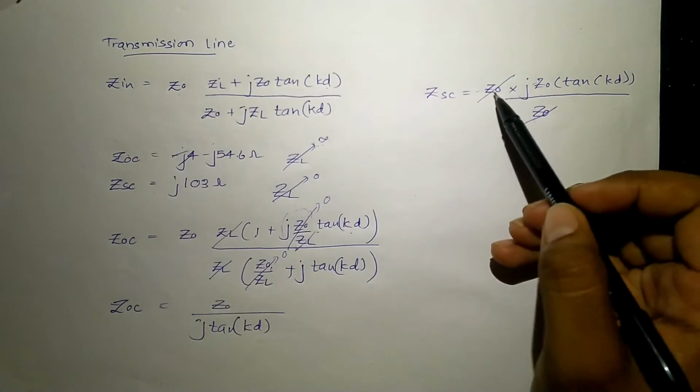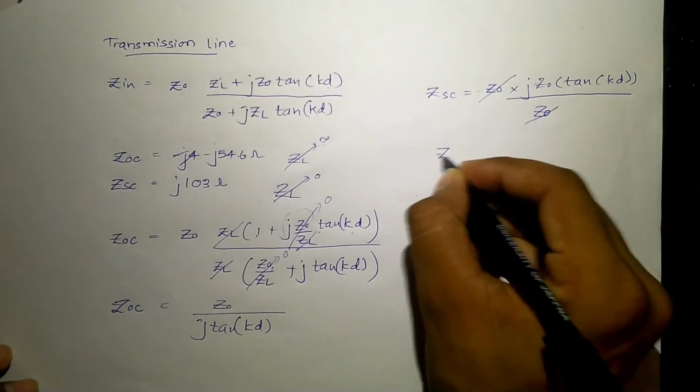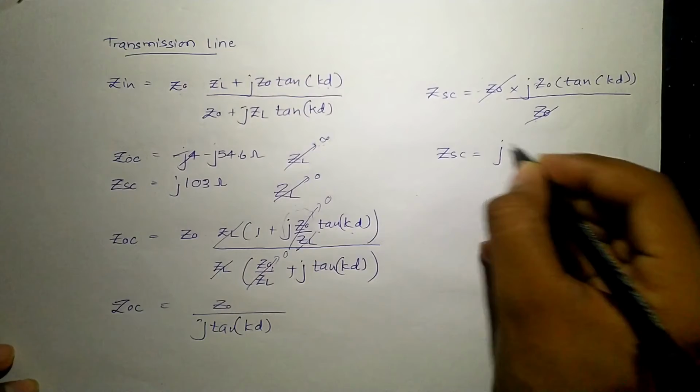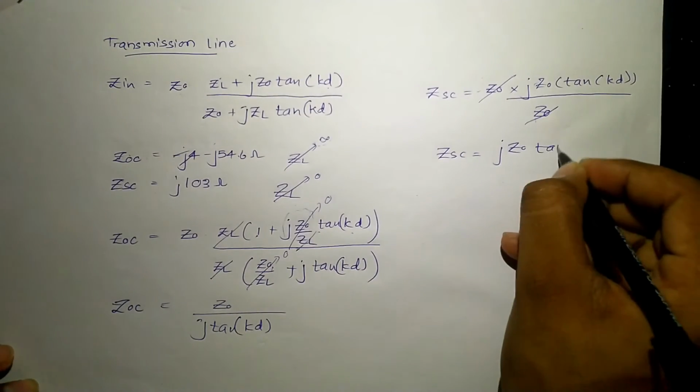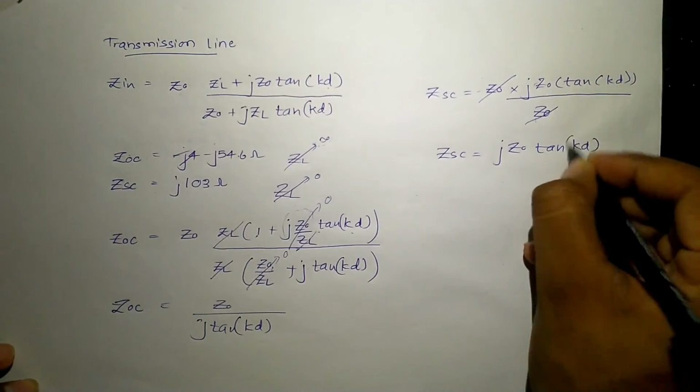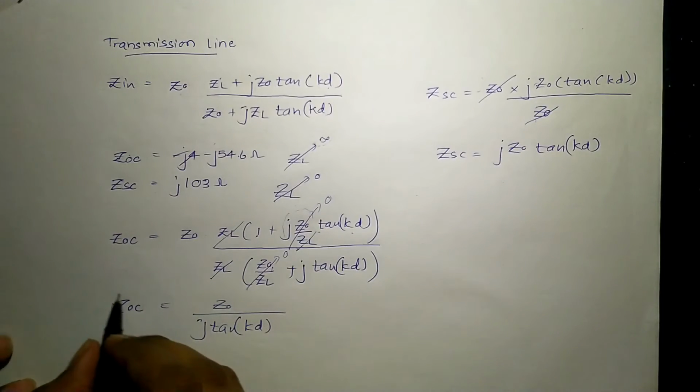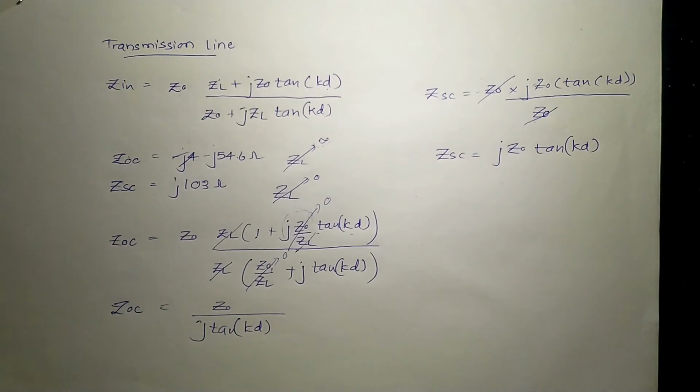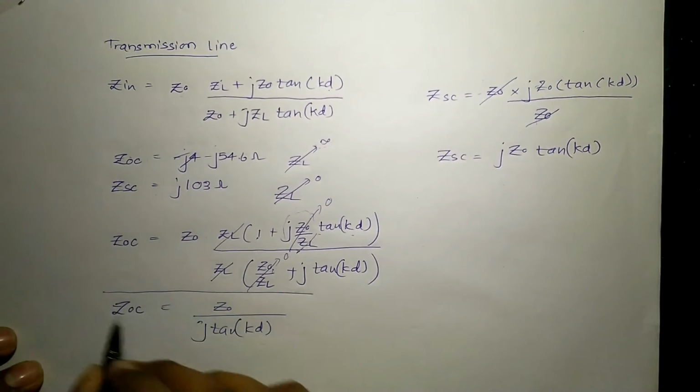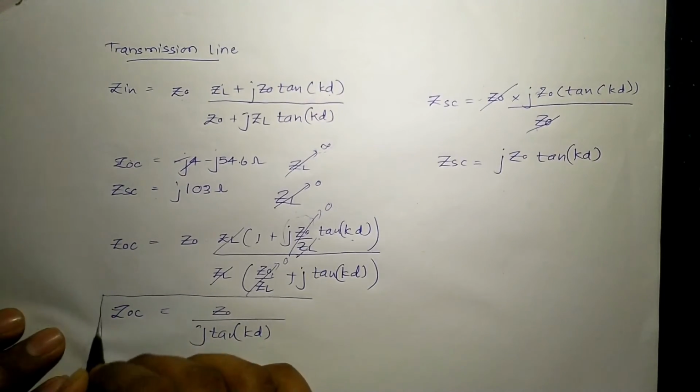Z0 is cut away from the Z0. Therefore, short circuit impedance is equal to jZ0 tan KD. These two are very important to this question.